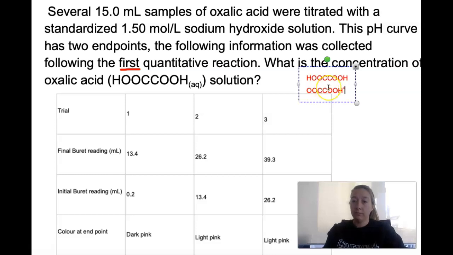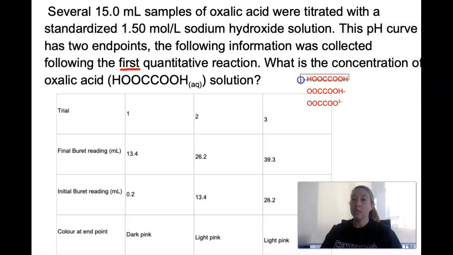And we have OOCCOOH minus. If we're going to the second equivalence point, then we get to take both H's off and we produce the OOCCOO2 minus. Okay, why this is helpful to do is so that you can go back to the question and figure out which one of these is actually my product.